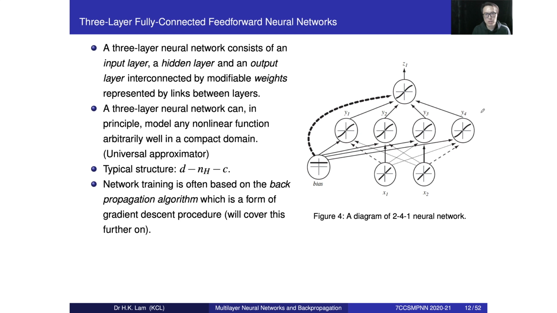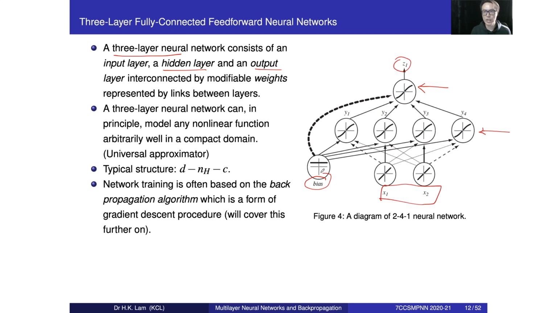Now, just to give a little more detail on why we always mention the 3-layer neural network. It consists of the input layer, which is the input samples we present here, then the hidden layer in the middle, and then the output layer, which is the node that generates the output. And don't forget about the bias.